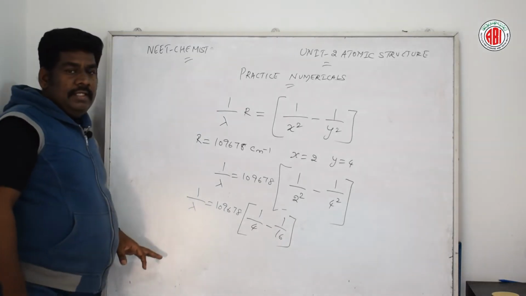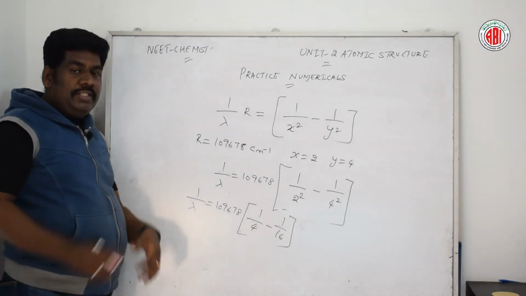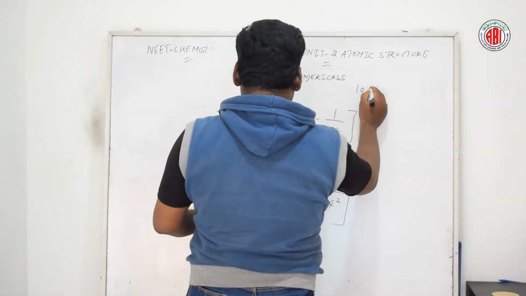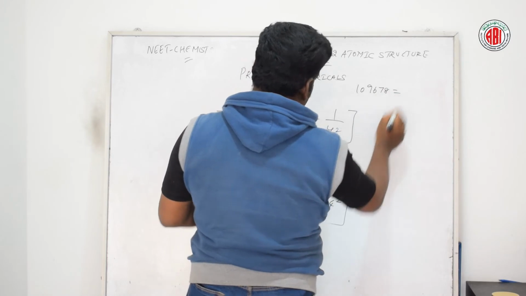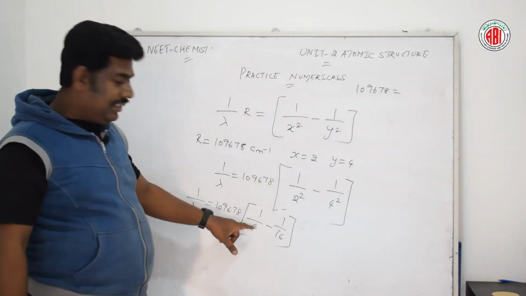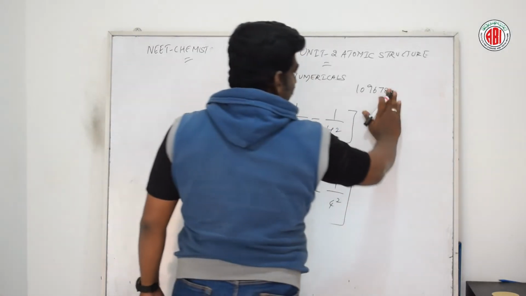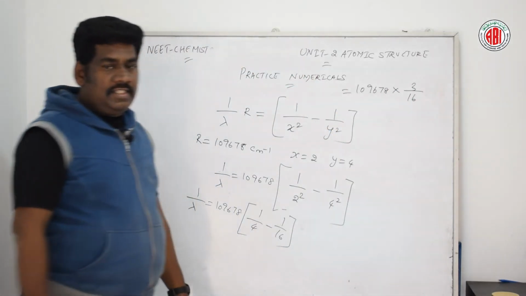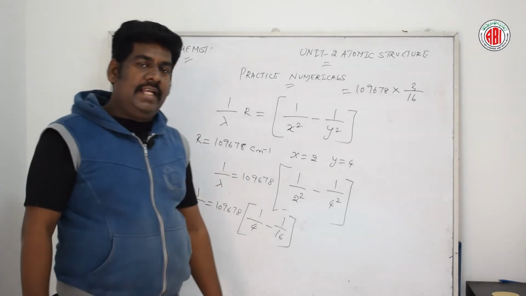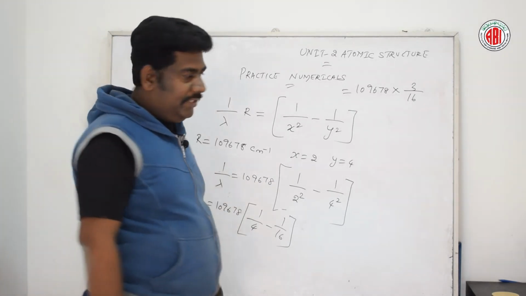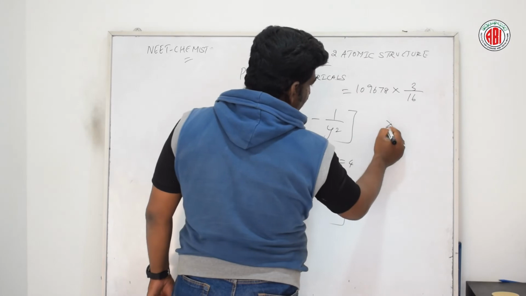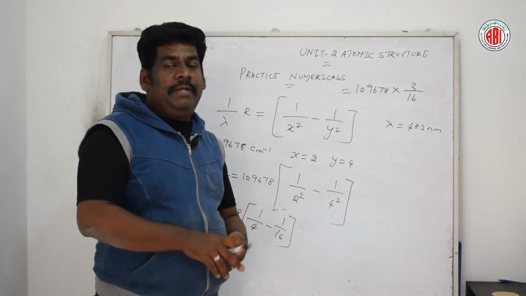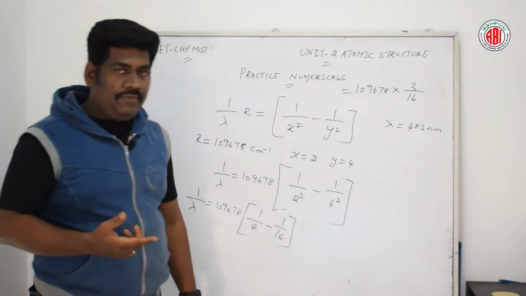Now we should simplify this, so we get 109678 into 3 by 16. Simplifying this, we get the wavelength lambda value, that is 483 nanometer. This way you can solve this problem. Let us go for the next question.